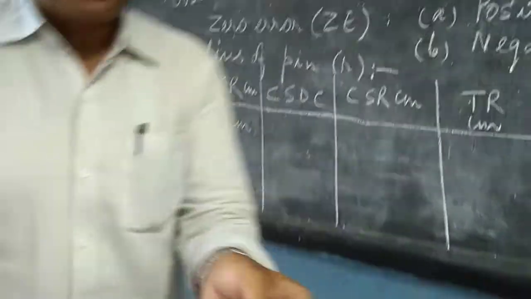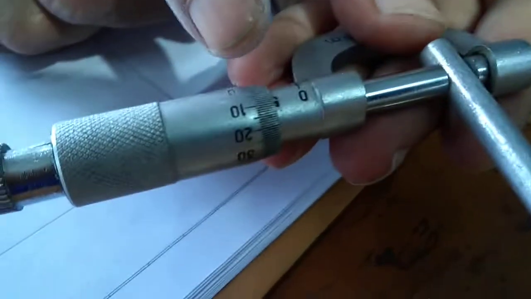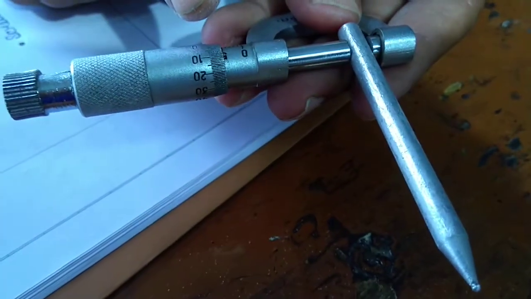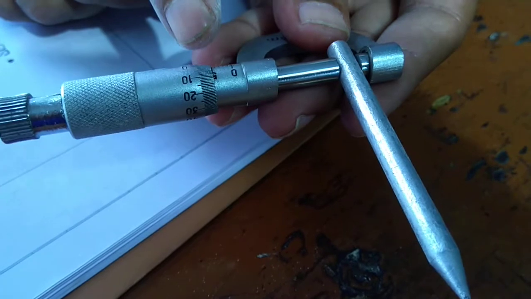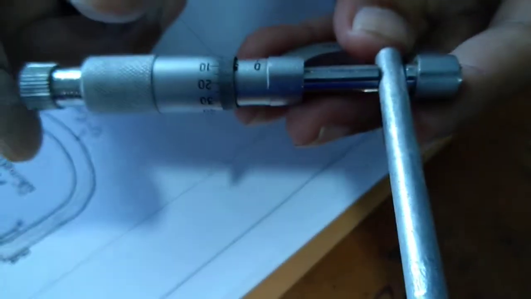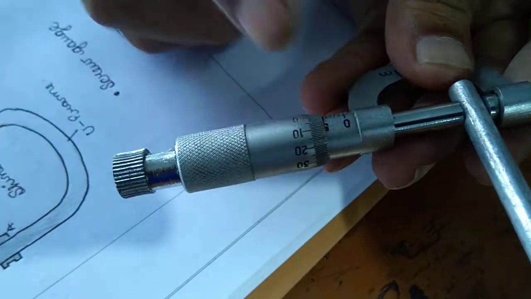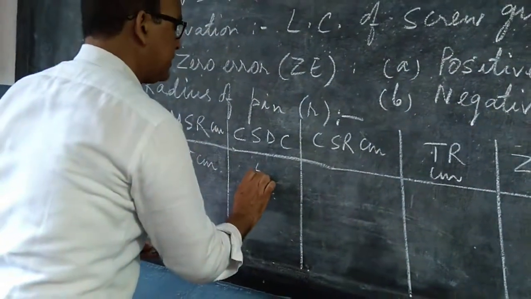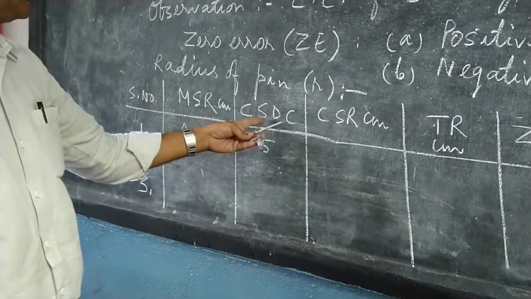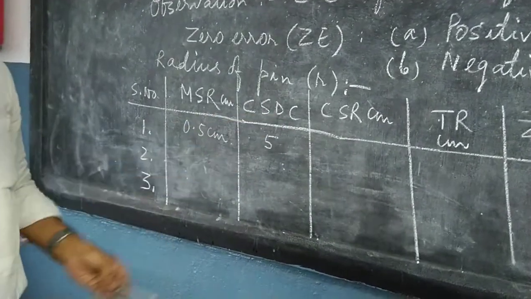Then we see which division of the circular scale coincides with the baseline. Suppose the fifth division is coinciding, then the circular scale division coinciding is 5.